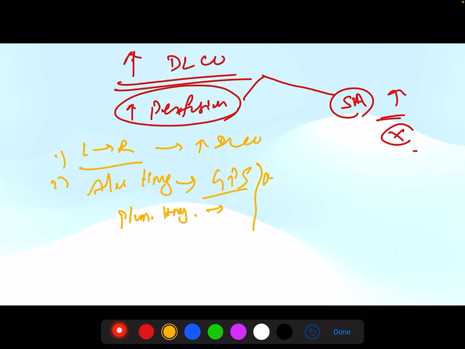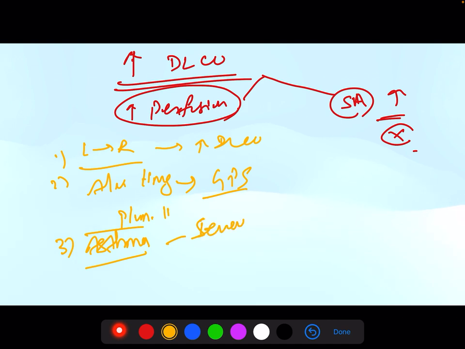Okay, so now in asthma, not in early stages of asthma but in severe and chronic, due to two factors.